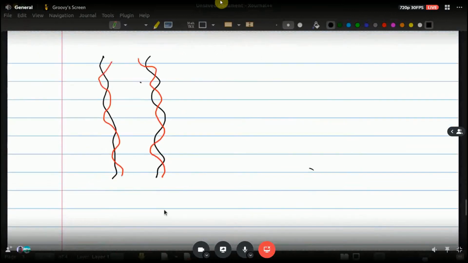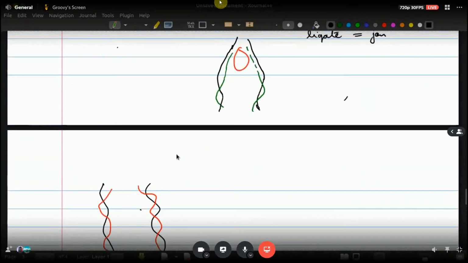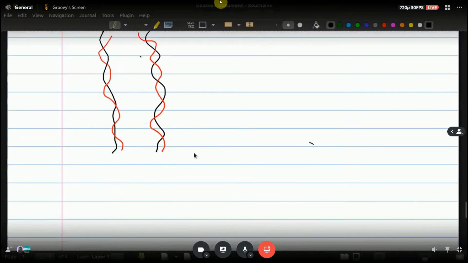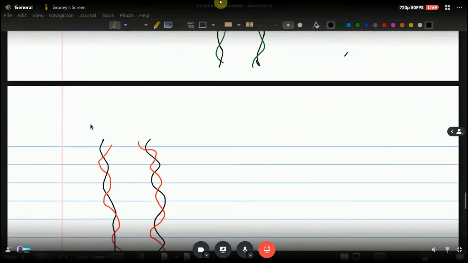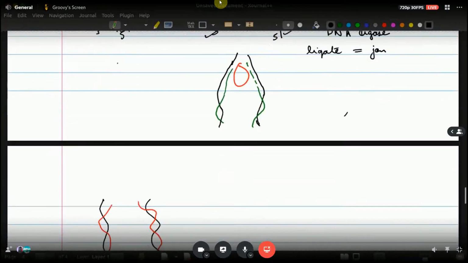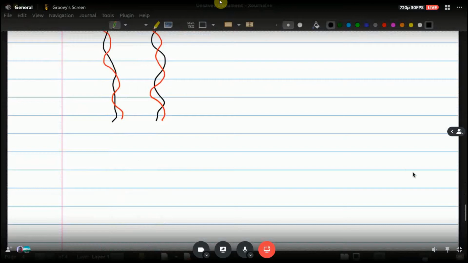So that's how replication works. And replication works in this semi-conservative fashion, that is, there is an old strand and a new strand together. ITB stuff. Now we have done replication completely.